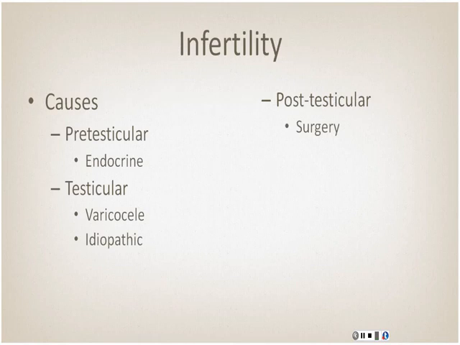So we'll talk a little bit about infertility, and it can be caused by endocrine dysfunction or autonomic nerve system function, or structures within the system not functioning properly. It can be considered pre-testicular or endocrine, so before the testicles, problems with hormones, those kind of things. Testicular, where there is either like a varicocele that causes the problem, or it could be idiopathic or congenital types of problems.